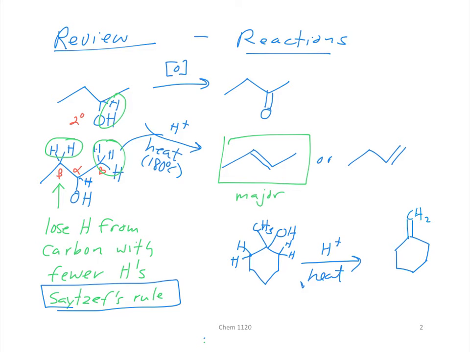If we form the double bond to the left side, we lose one of these protons and the OH, and form the double bond this way. We could form this product. And the other possibility is that we lose one of these protons on the other side, and form the double bond over this way.